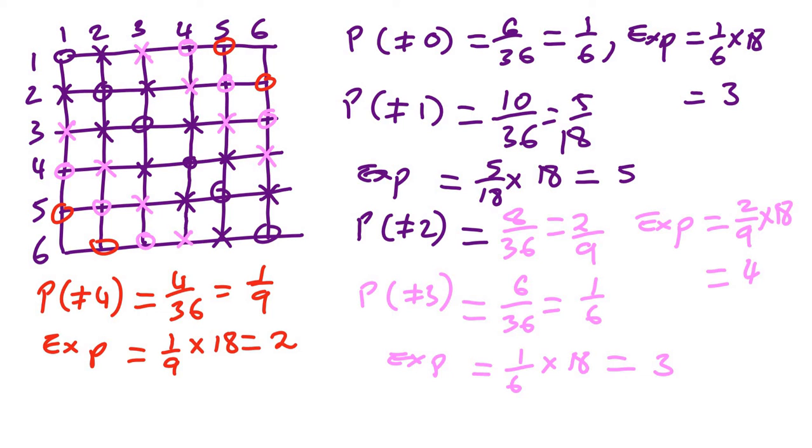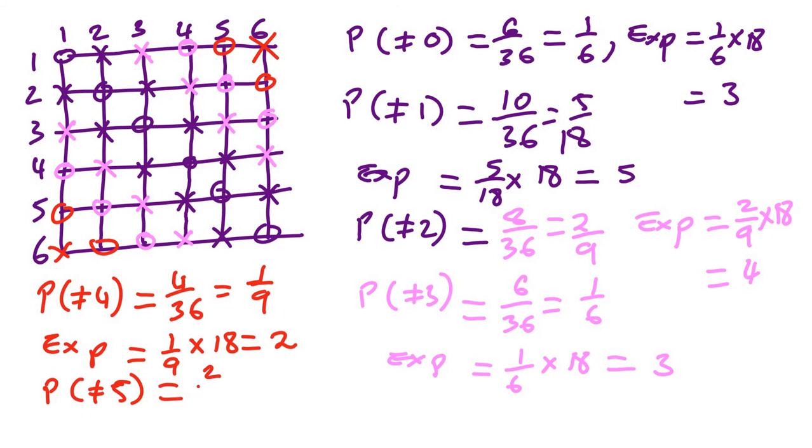Now the last one, the probability of a difference of 5. You can see I'm writing smaller because I run out of space. So the difference of 5 is 1 and 6. I do cross 1 and 6. So 2 doesn't work, 3 doesn't work, 4 doesn't work, 5 doesn't work. 6 and 1.